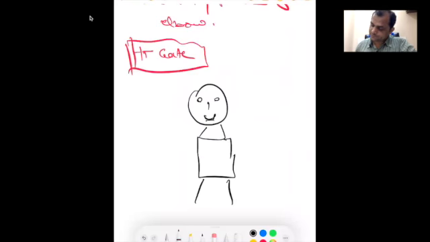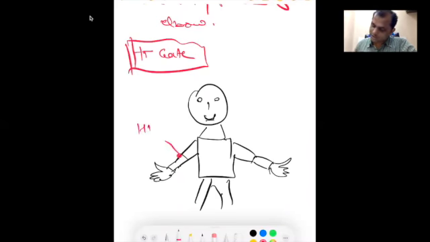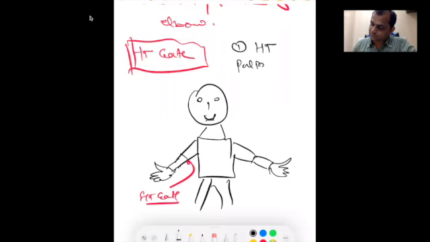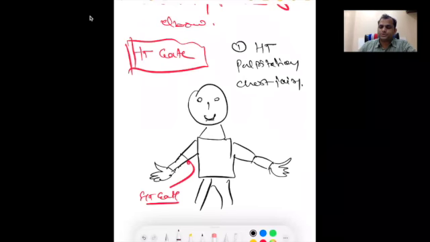Number one, the Heart Gate is very good for heart problems and palpitation, increased heartbeat, chest pain. This point is that much effective.